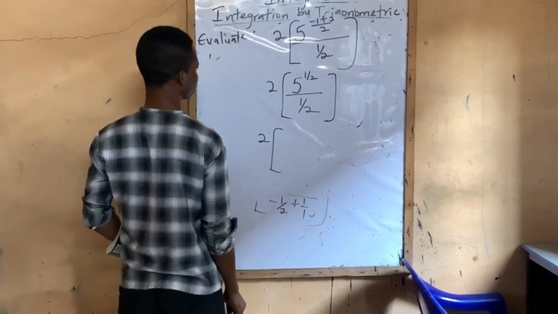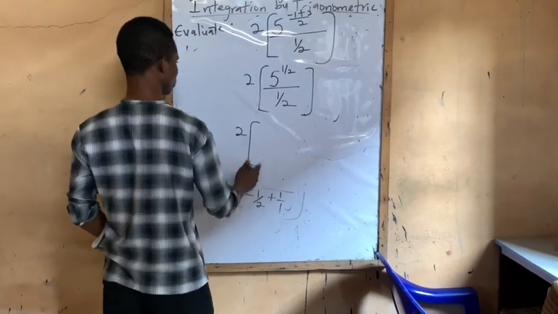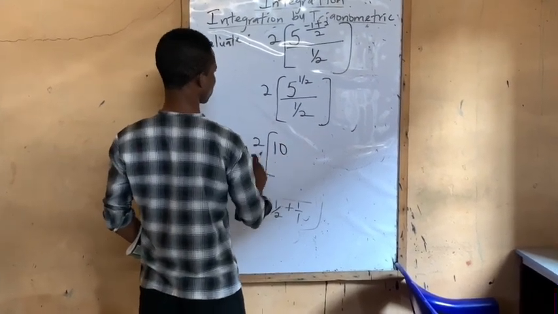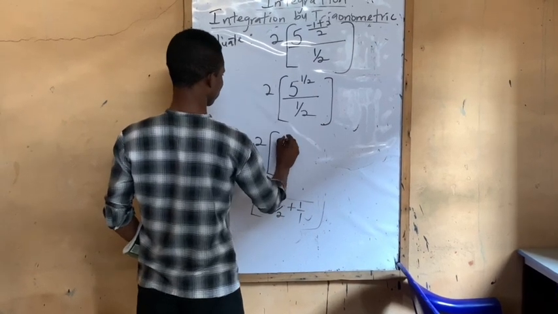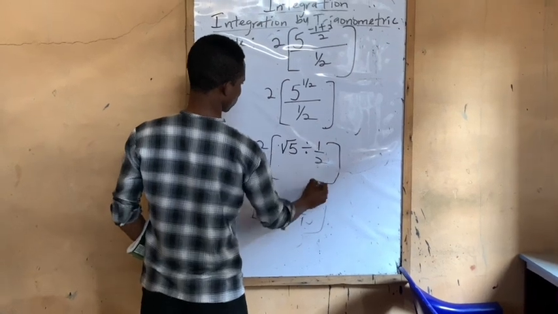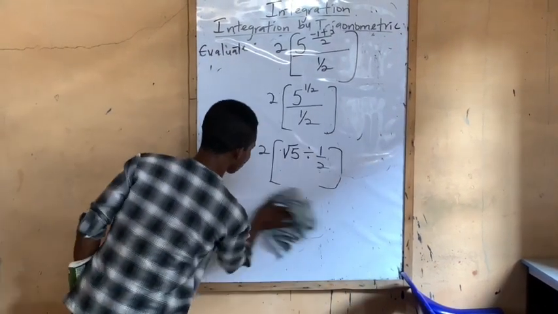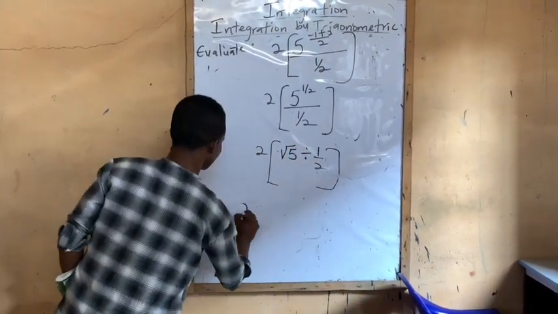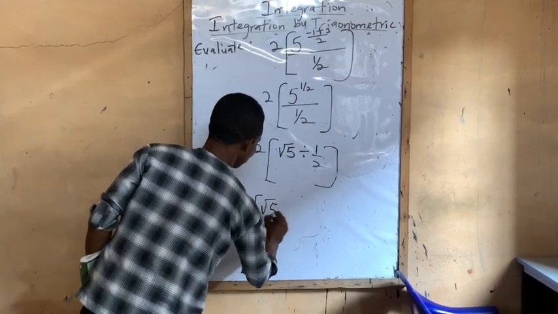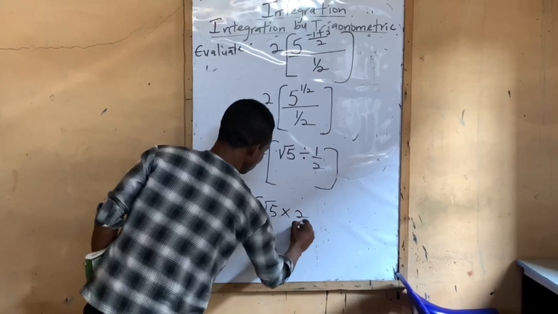So that will give us 2 open brackets. Like if you said this one is root 5 divided by 1 all over 2, that's what I'm trying to say. So that will be 2 open brackets root 5 times 2 all over 1.